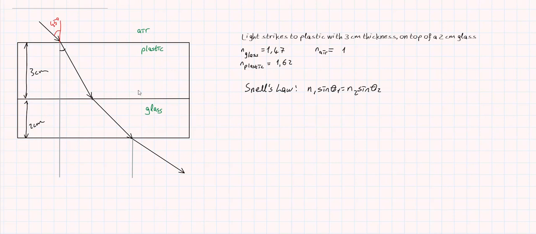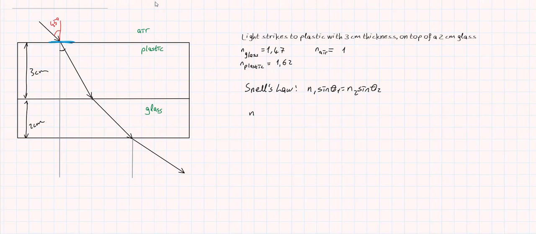I will write it for the first interface, the first contact. I know that it may not be given every time, by the way. So you will roughly know that the refractive index of air is almost equal to 1, so we will take it as 1 unless it's given something else.